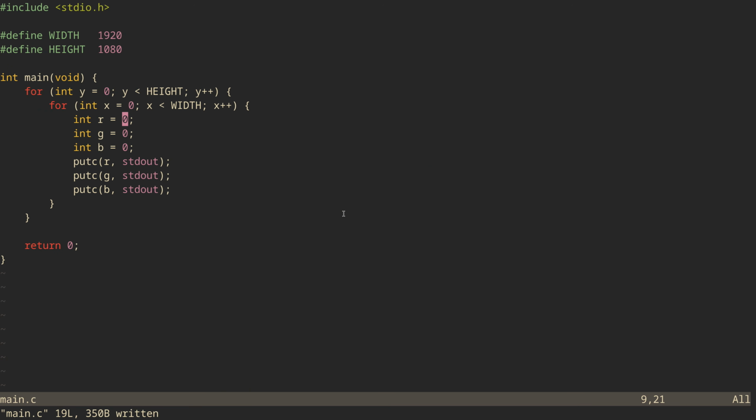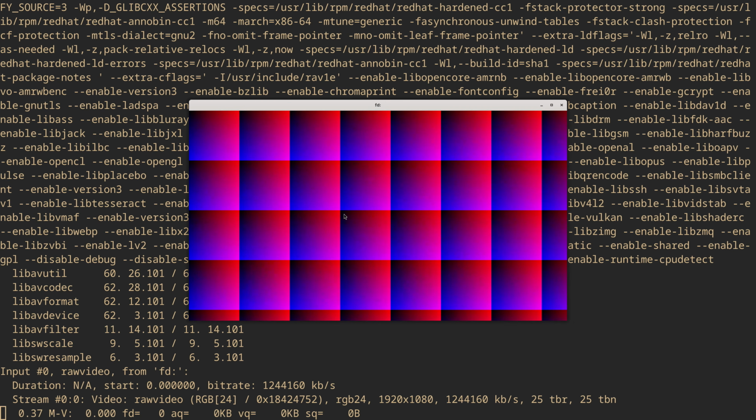But now we could set R to X and B to Y, and then we get a pattern. So this repeats because we go 0 to 255, and then we keep increasing, but our putC function is truncating that to 1 byte, so it's taking mod 256. And so we get this pattern here.